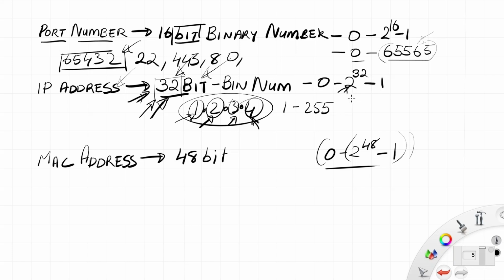The reason is that each is more or less equal to 2 raised to 8. In fact, it is 2 raised to 8 minus 1, but we ignore that minus 1. So basically, this is 2 raised to 8 into 2 raised to 8 into 2 raised to 8 into 2 raised to 8. When you multiply, the powers are added up, so 4 times 8 is 32.